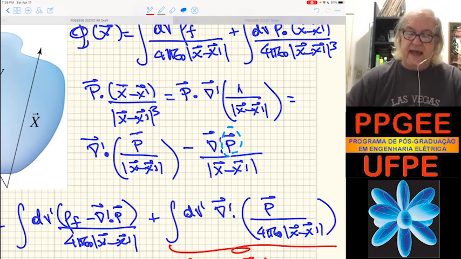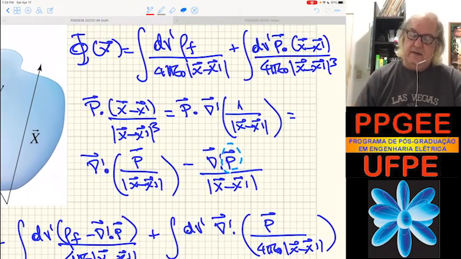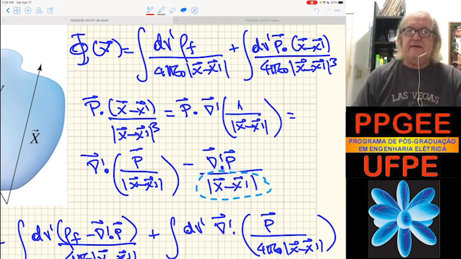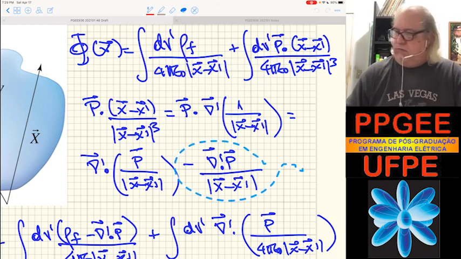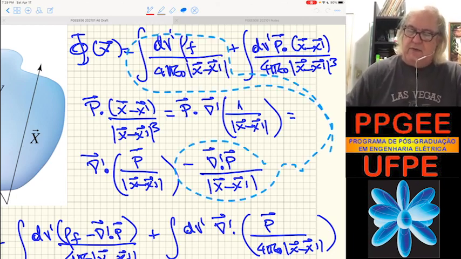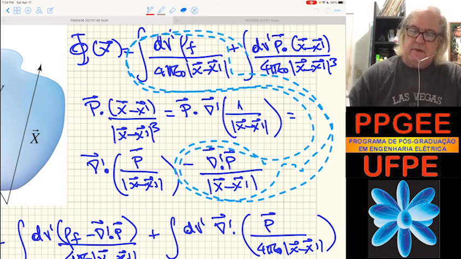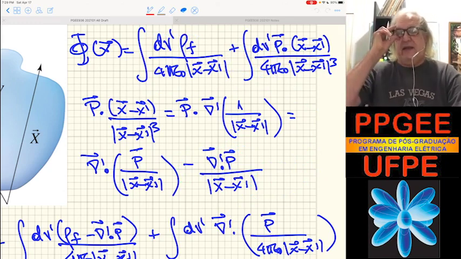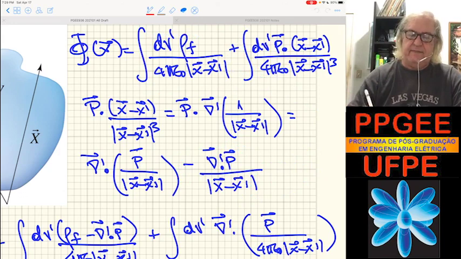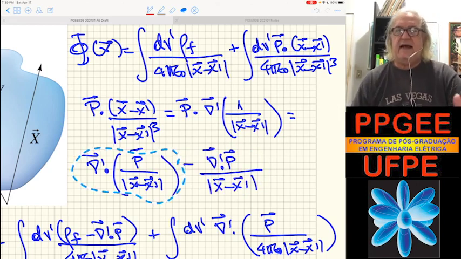So when we do that, what happens? We have one term that has a denominator which is the difference vector magnitude, which is the same denominator of the first volume integral. So you can combine those two terms. And what we have left is this. This goes to the first volume integral, so we have this one left isolated.